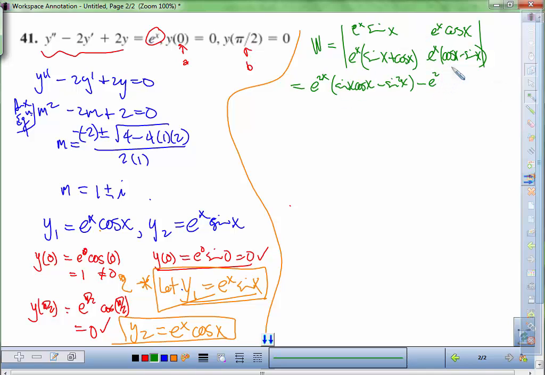We can factor that out. So e to the 2x, and then sine and cosine again, and then plus cosine squared. I hope this simplifies.